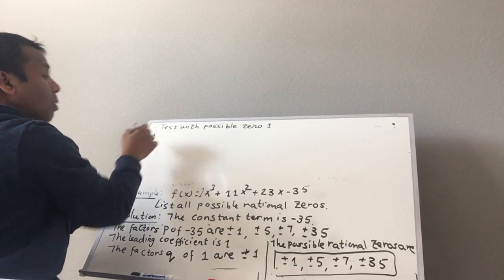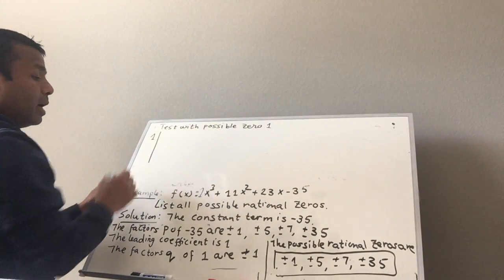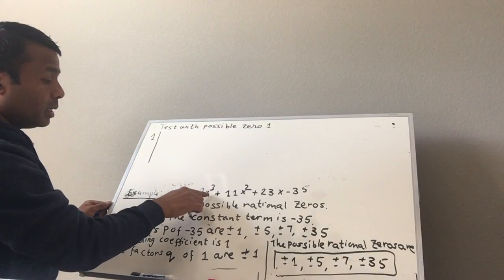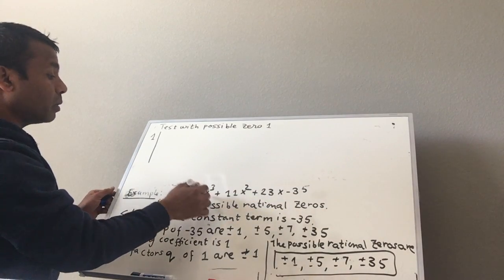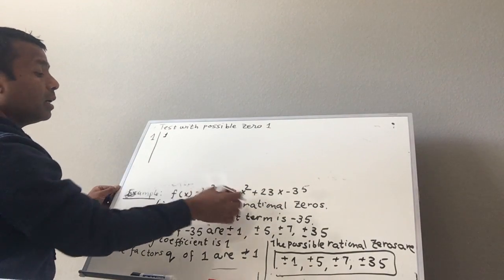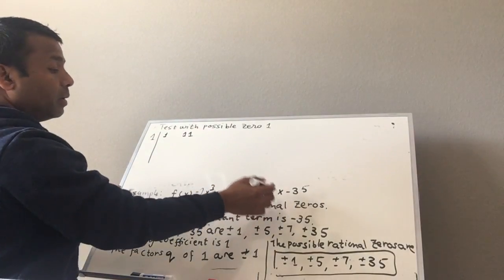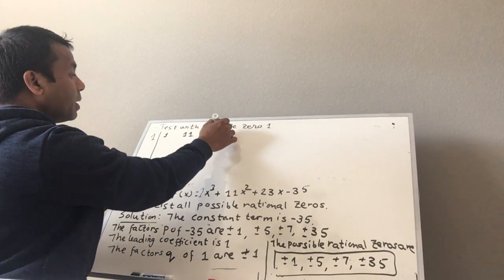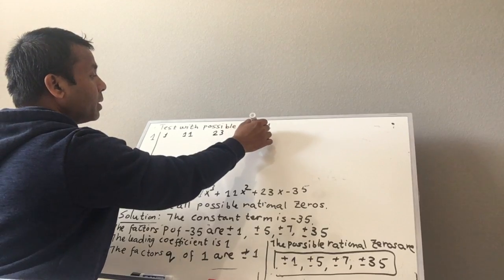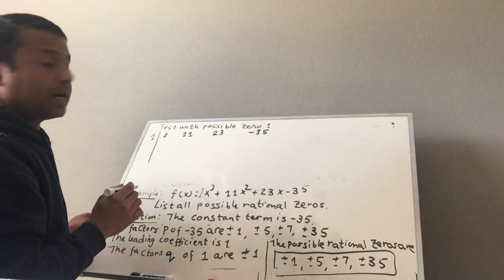You write 1 here and do the synthetic division. This is in standard form: the coefficient of x cubed is 1, the coefficient of x squared is 11, the coefficient of x is 23, and the constant term is negative 35.